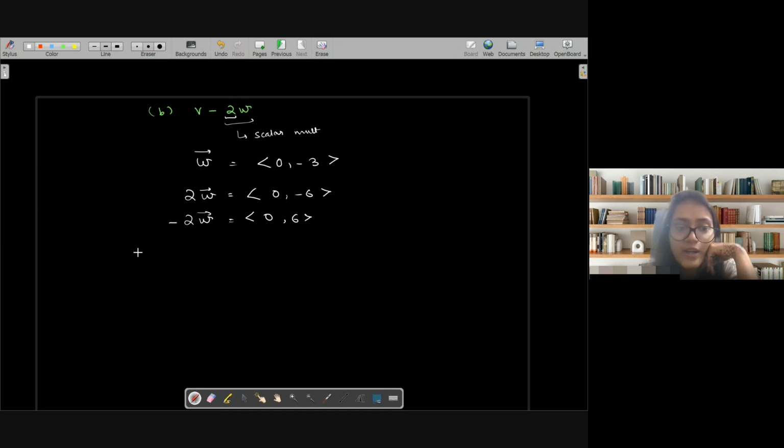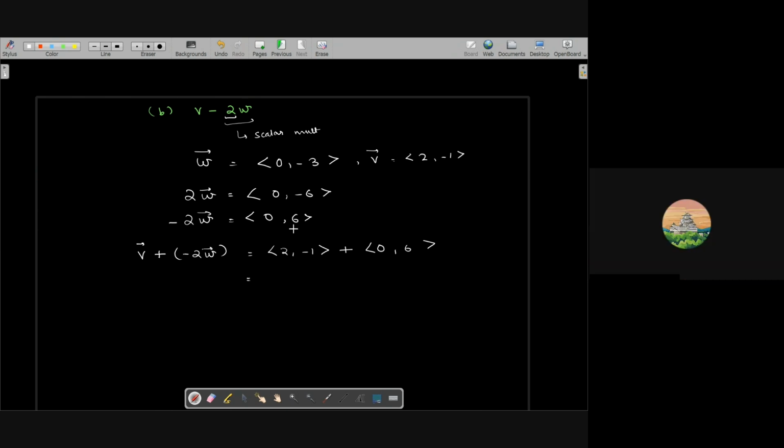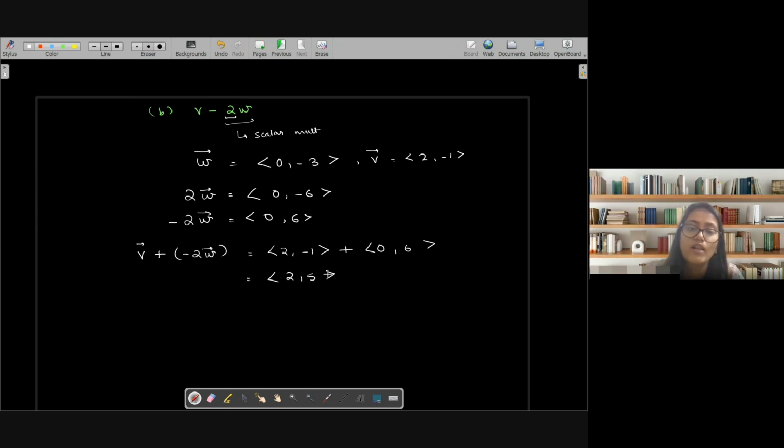And now we will find v plus negative 2w. v was (2, -1), so we have to do (2, -1) plus (0, 6). Now just add the respective components. 2 and 5. So that's the final answer.